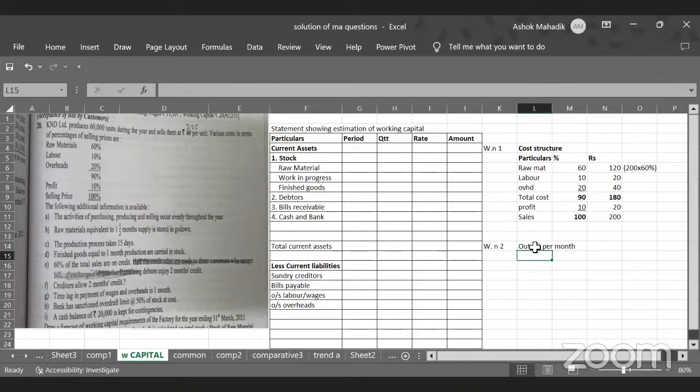Formula is annual output divided by 12. Very simple. What is our annual output? 60,000 divided by 12. Do it. 5,000 units per month. I hope this is clear.